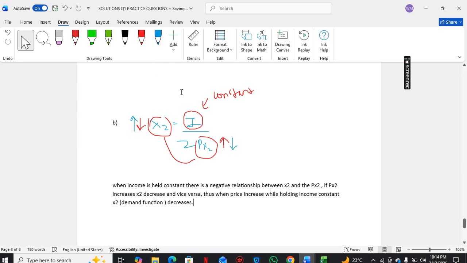Are we okay with this, colleagues, or do you still need me to show it with numbers? Are we okay with this? Yes, it's okay with that.